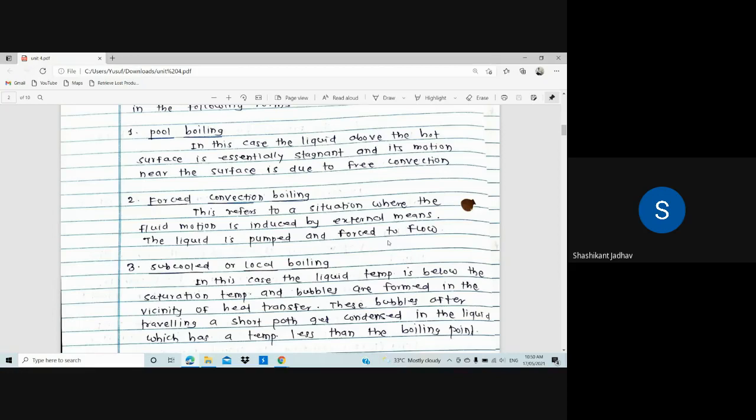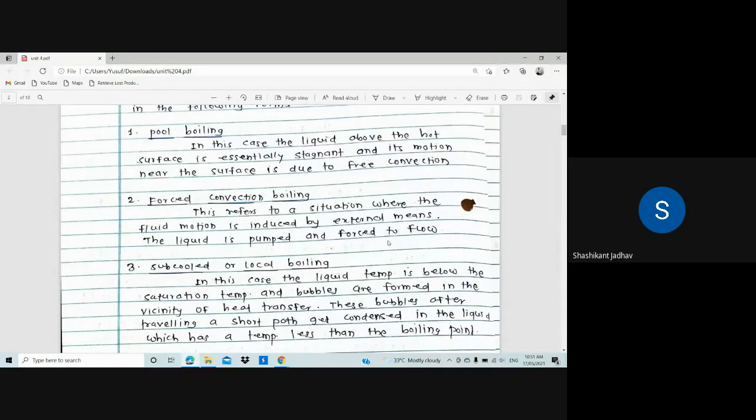So write down: this refers to a situation where the fluid motion is induced by external means.